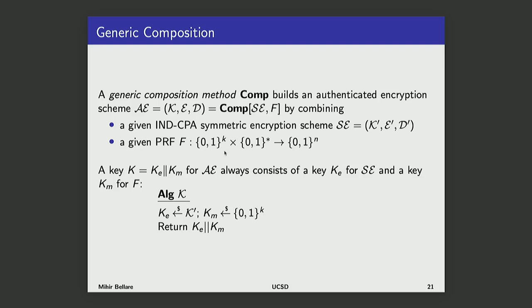So since keys here are k bits, it grabs a random k-bit string and calls it K sub M for MAC. And so this thing here is the key for our new encryption scheme. That gives it the ability to do both encryption and MAC using these two primitives. And this is going to be fixed for everything we study in generic composition. So we'll always be appealing to these two keys.